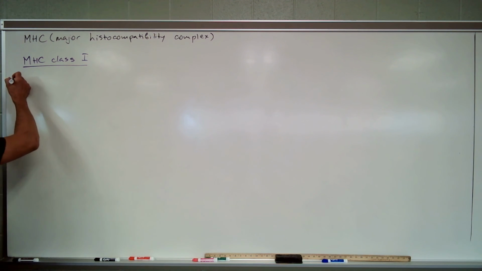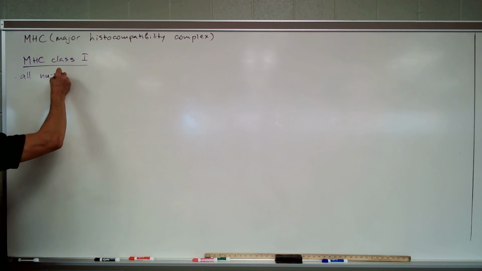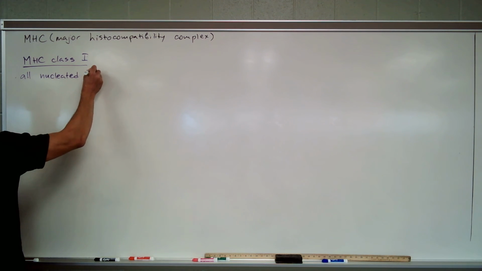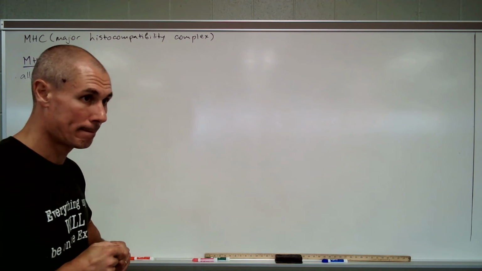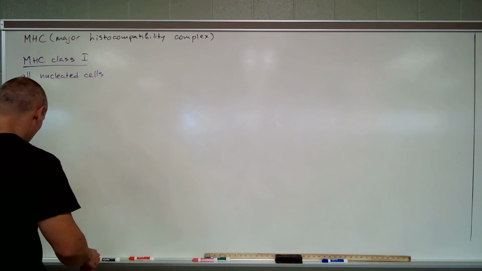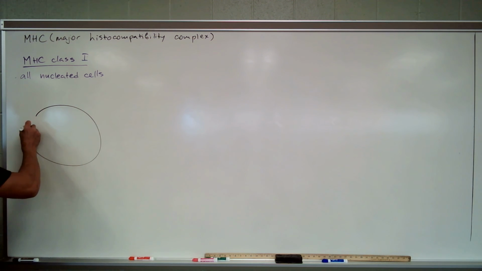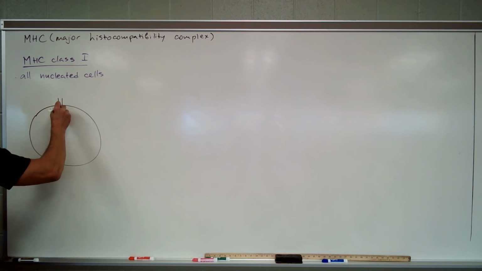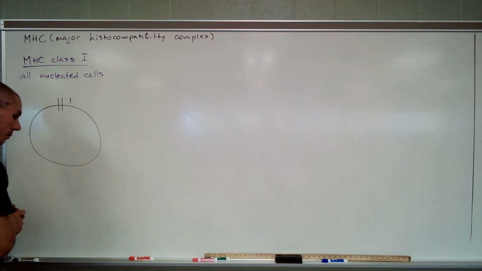MHC Class 1 can be found on all nucleated cells. And this is how it works. Imagine you have a human cell, and this is MHC Class 1.